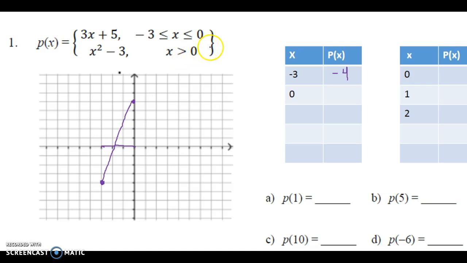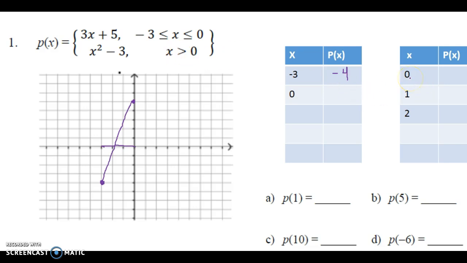Now I'm done with that range, and I'm going to look at the interval greater than 0, but notice it doesn't have an equals to sign under it, so I do not include it. So whatever I get here for the second one has to start with an open circle.